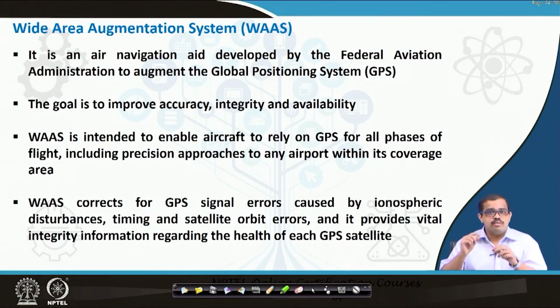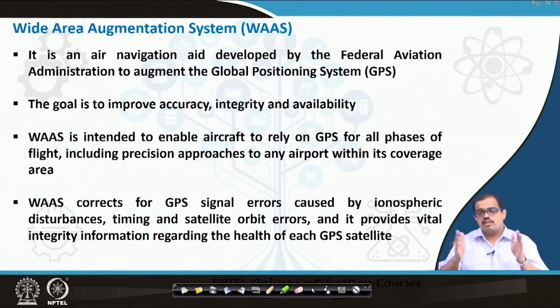The most important point people have to understand here is that this was integrated as a part of the global positioning system. What it does is improve the accuracy, the integrity, and the availability of the system. So, WAS is basically intended to enable aircraft to rely on GPS for all phases of flight, okay.